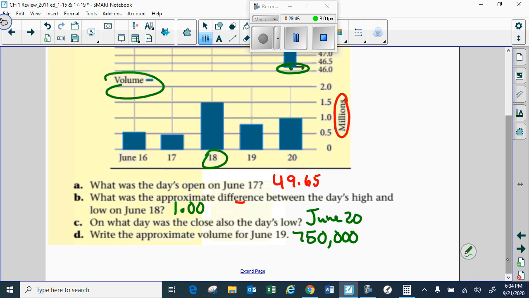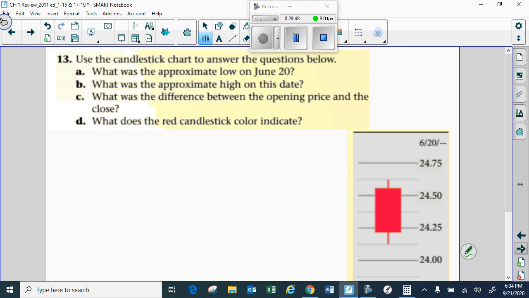Okay, let's go to the next one. Use the candlestick chart to answer the questions below. Red tells me negative. It went down. Okay, this was the high, low for the day.